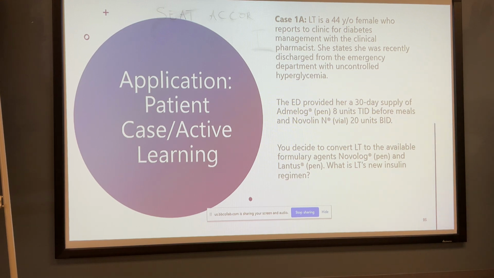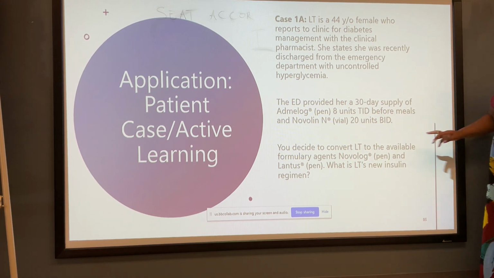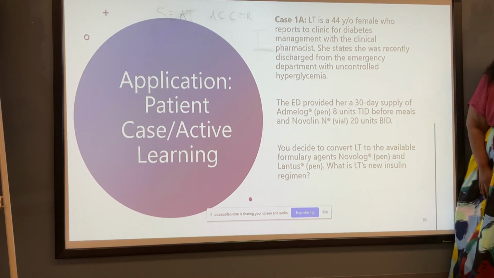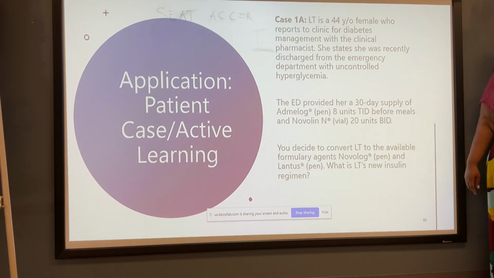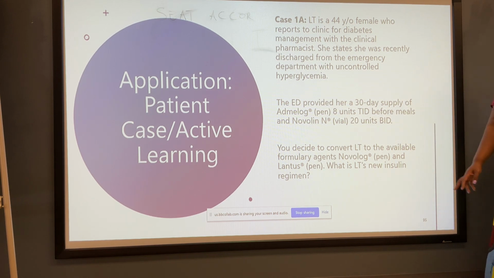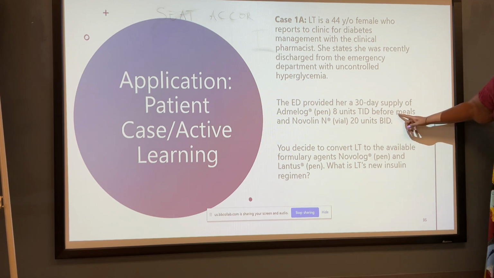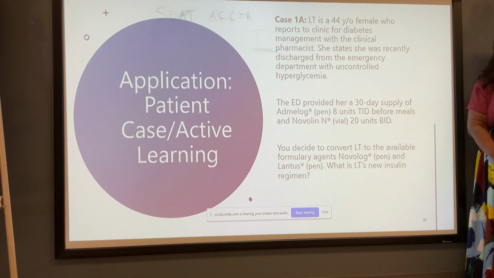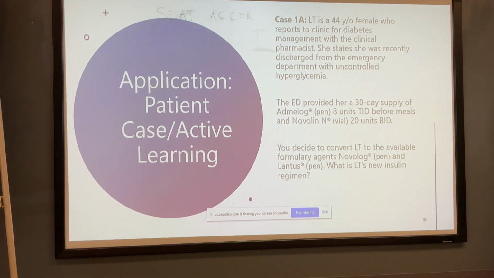The second part of her insulin regimen is the Novolin N. When you see Novolin N, you might have to do a little math. Novolin N is our NPH. And we're converting her to Lantus, which is classified as long acting.